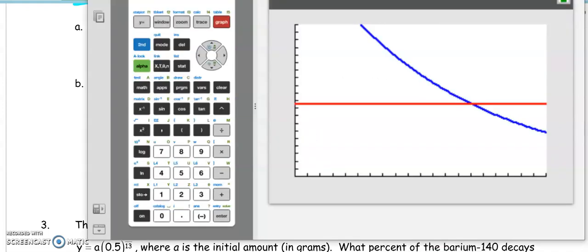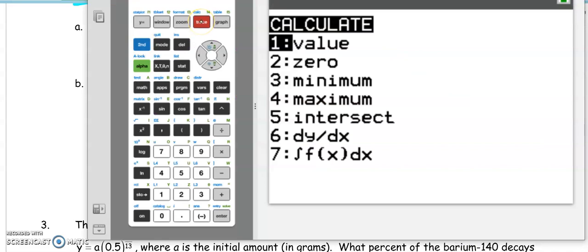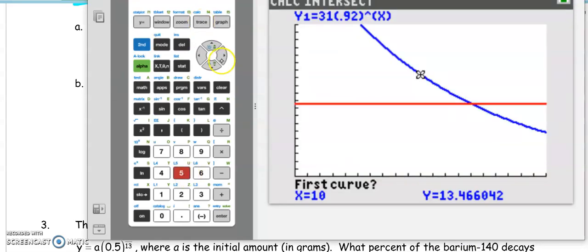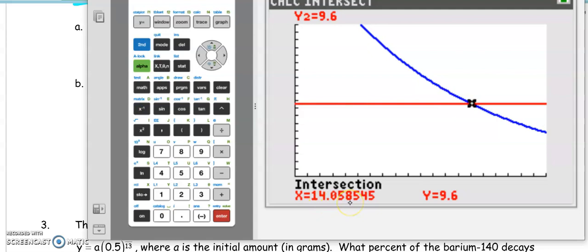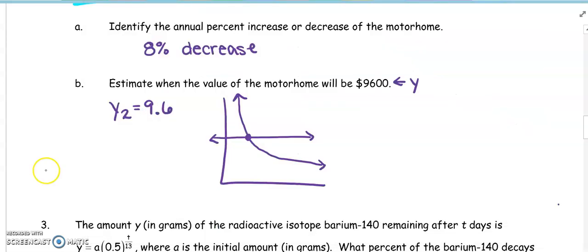And let's find the intersection there. So second trace, number 5. We'll arrow so we're close enough. Click enter once, twice, and a third time, and we get 14.059 and then 9.6.